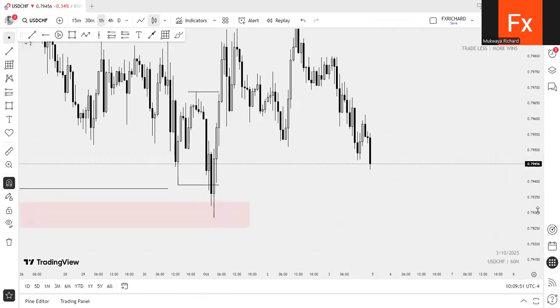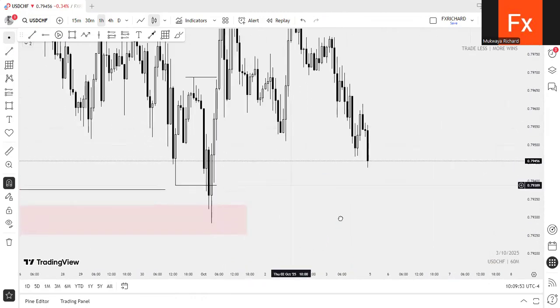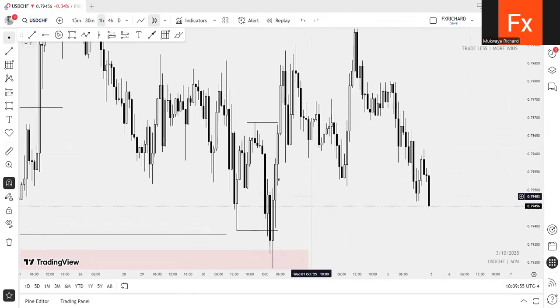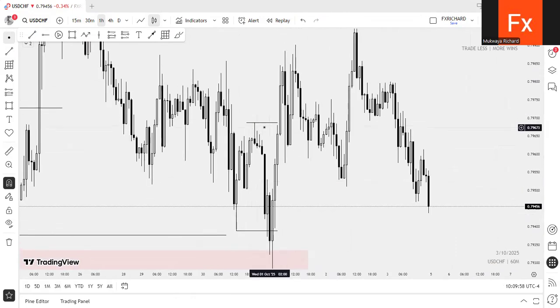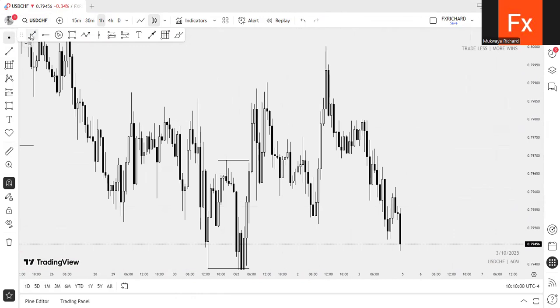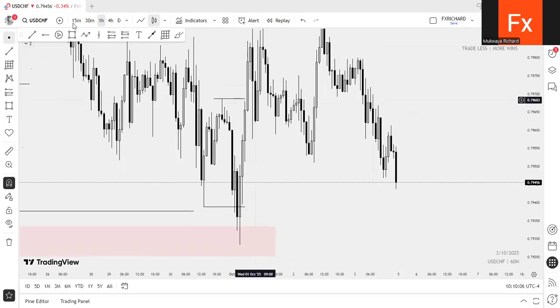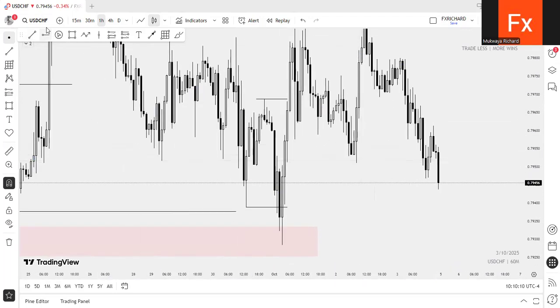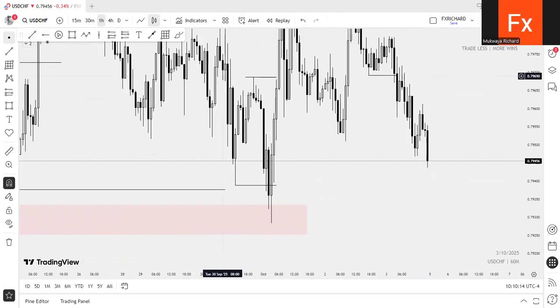So here on H1, you can see that after taking out this low, the market broke structure to the upside. Then it still did the same thing in the opposite direction. Sweep of liquidity, and they broke structure to the upside.